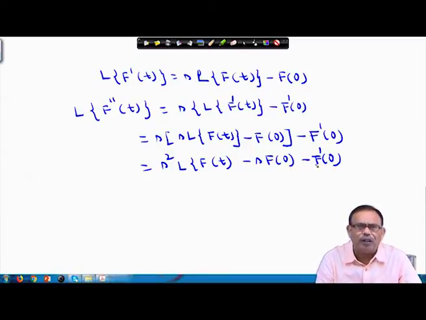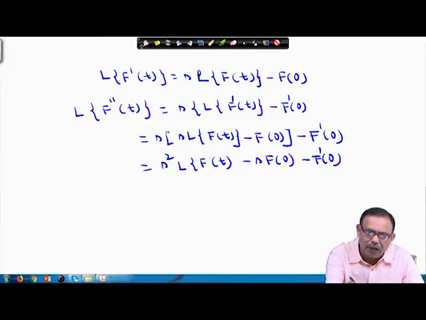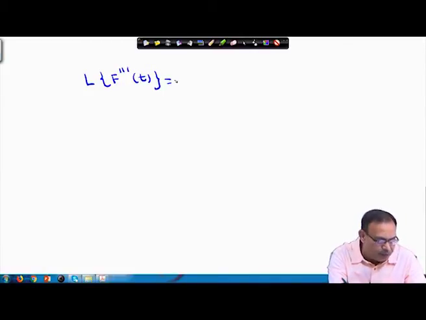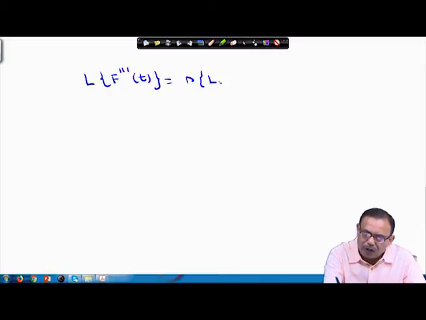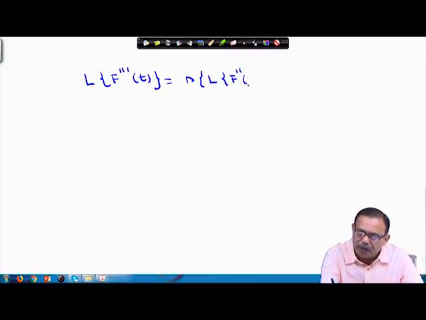Now, whenever we try to find the Laplace transform of f triple dash t, that is the third derivative of the function f, we can go on with a similar process and write down the Laplace transform of the third derivative of f of t using the property s into Laplace transform of f double dash t minus f double dash 0, simply because f is replaced by f double dash t.